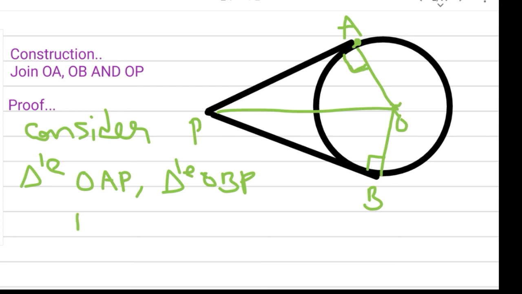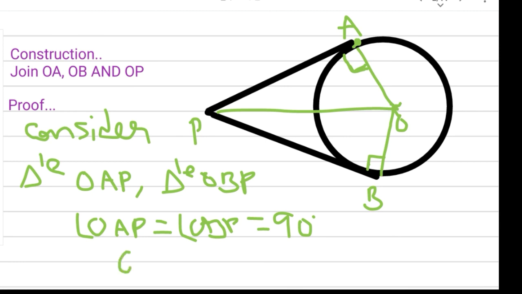Angle OAP is equal to angle OBP is equal to 90 degrees. Okay. And what else? OP is equal to OP. Common thing.